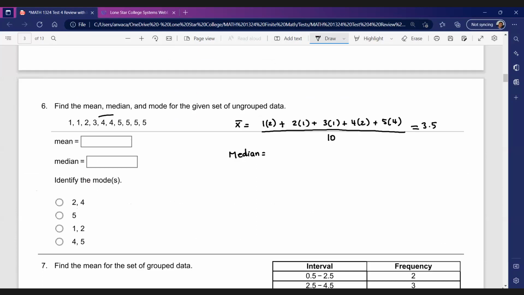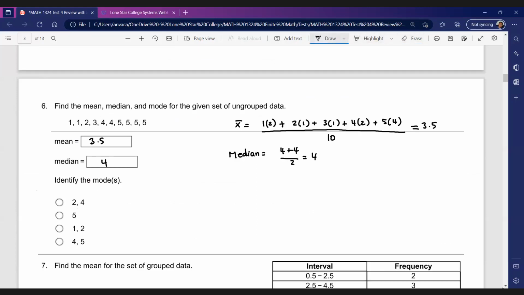In this case, the two middle scores are 4 and 4. So therefore, we need to find the average of the two middle scores, and this turns out to be equal to 4. So the mean was 3.5. The median is equal to 4.